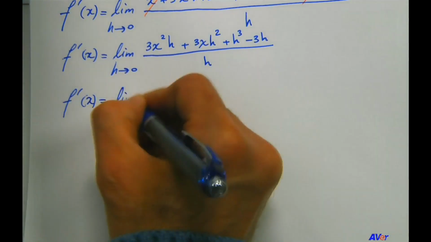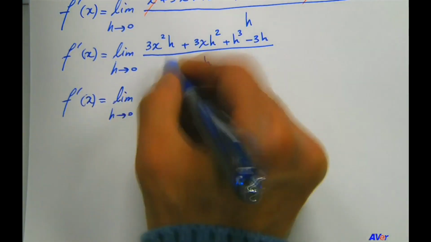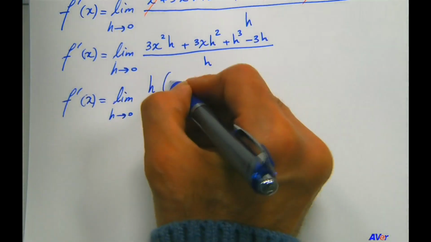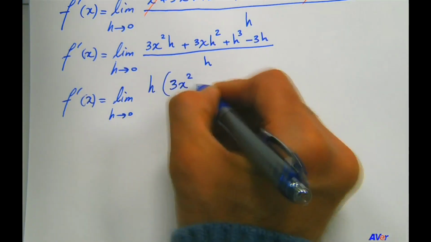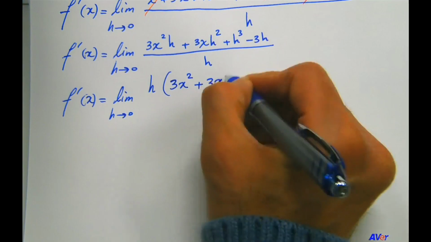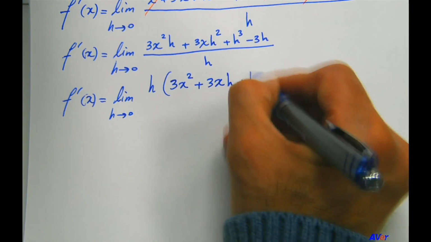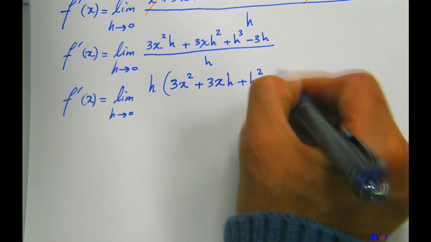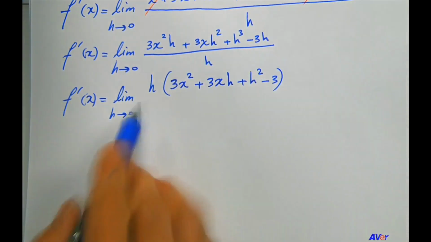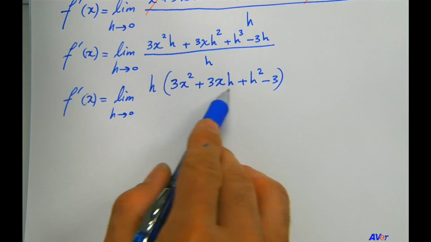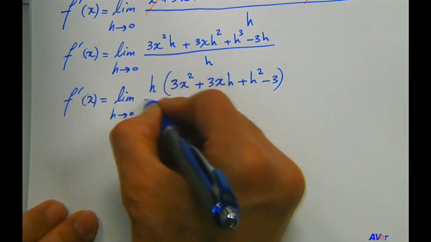So we say limit as h goes to 0. Let's factor the h out. 3x squared plus 3xh plus h squared minus 3. Okay, let me double check this. Yes, that's okay.